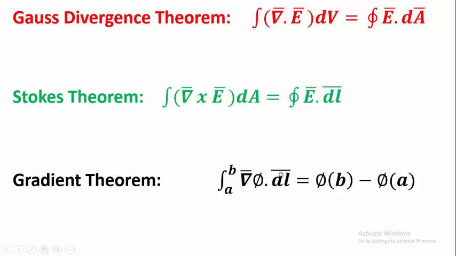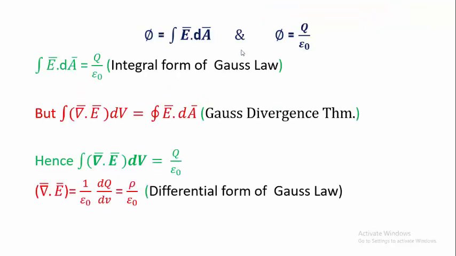In this, the length integral or line integral is connected with the scalar. So on left hand side and right hand side, we are down by one dimension. So volume to area, area to line, and line to scalar. So these three theorems are very important and they will come often in our future studies. So I request you to revise these equations, write them down as many times as possible. So let us move forward.